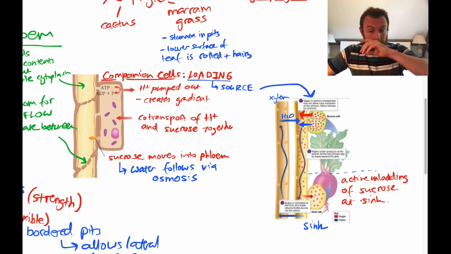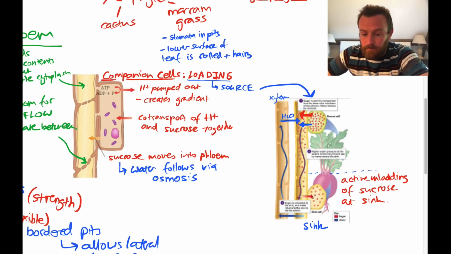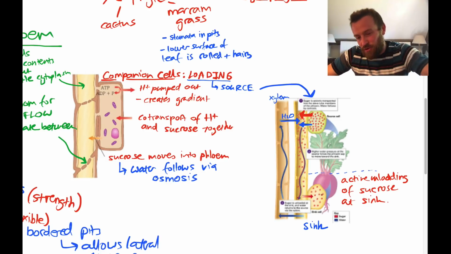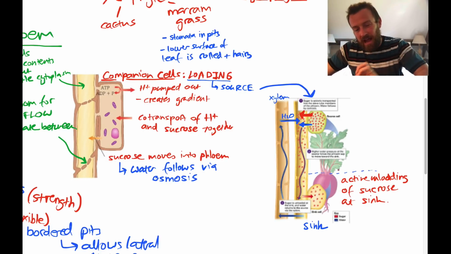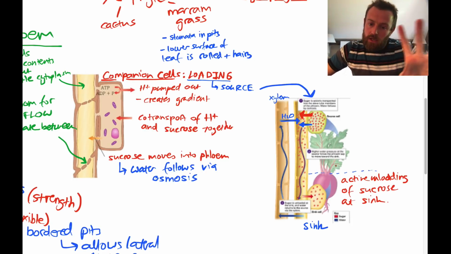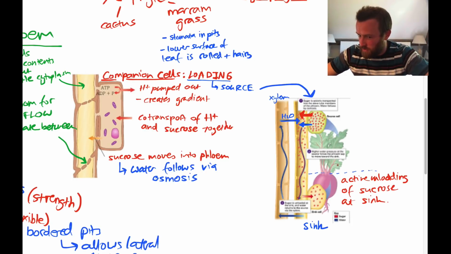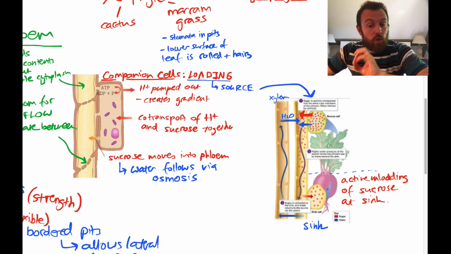Well, again, that means we're going to increase the water potential here. You can see in this diagram that the sugar is being moved out. But crucially in this one, it's then probably going to be converted to starch. So it won't have much of an osmotic effect because it's insoluble starch. So it's moved out, converted to starch quite quickly.